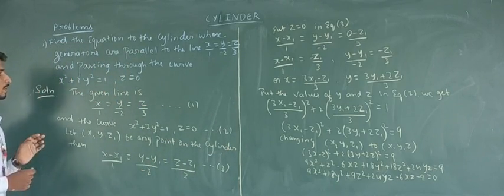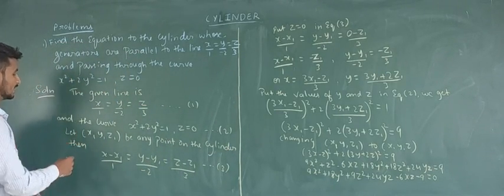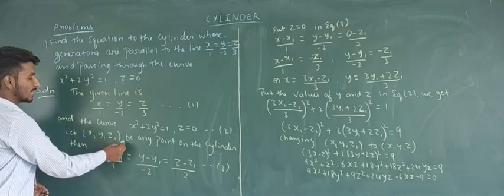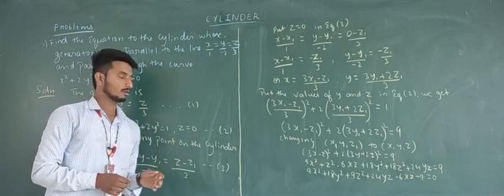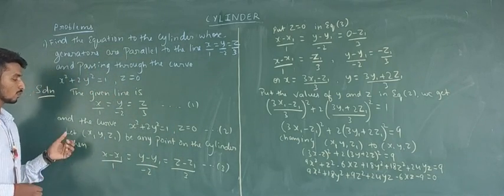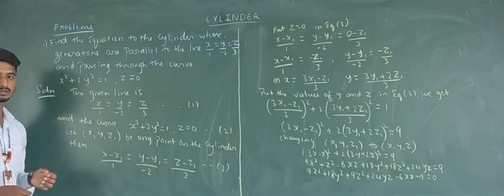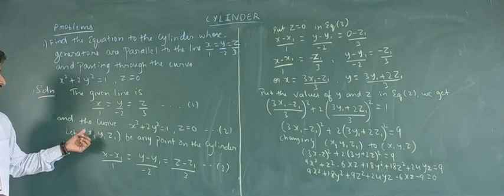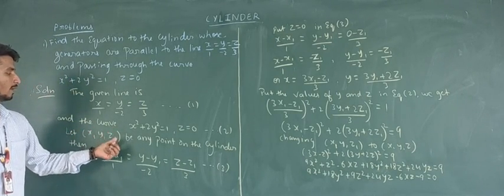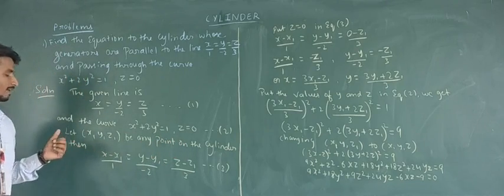Next, let (x1, y1, z1) be any point on the cylinder, just as we considered in the general equation of a cylinder. So we take (x1, y1, z1) as any point on the cylinder.